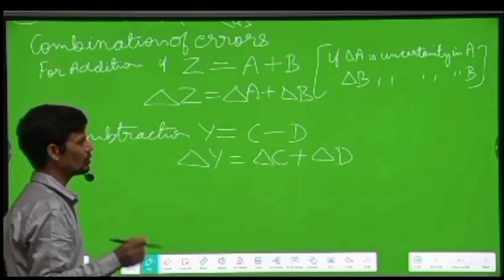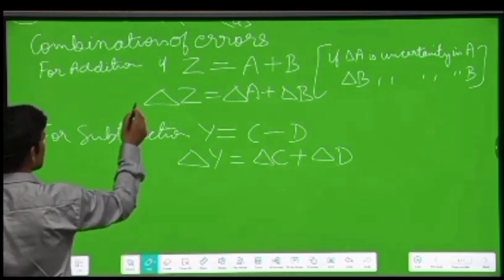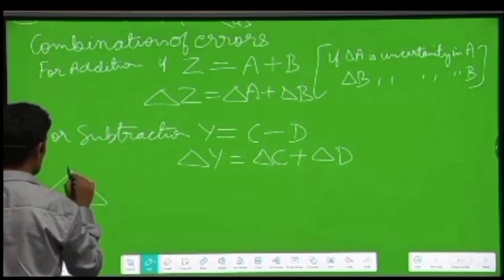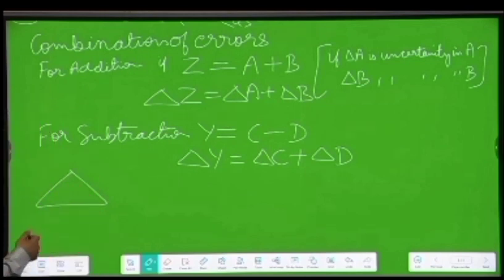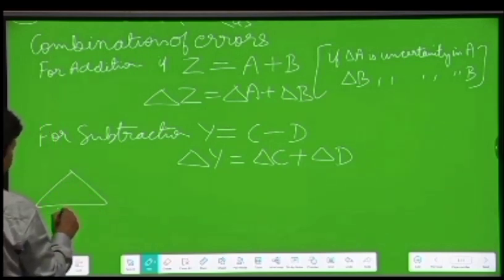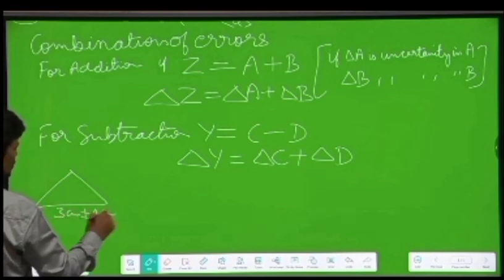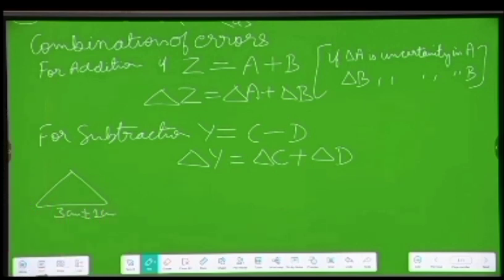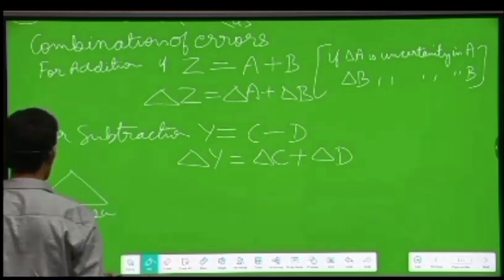Here I can give you a short example for this. Like here, if there is a triangle and its sides are 3 centimeter plus minus 1 centimeter, it's a huge error, but for the time being I'm giving this example.